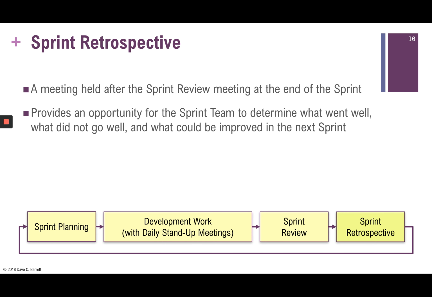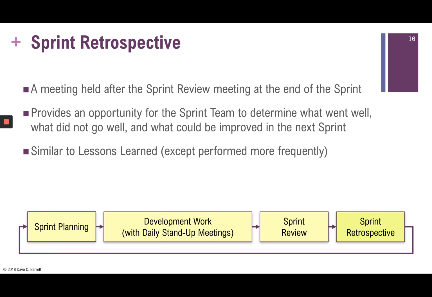This will be familiar to what we learned in chapter 16 in terms of project close. It's like the lessons learned, except done on a sprint basis. It provides an opportunity for the team to determine what went well, what did not go well, and what could be improved during the next sprint.